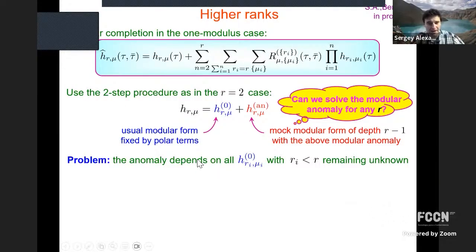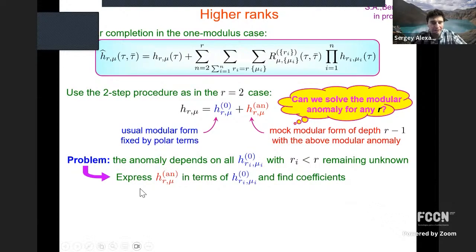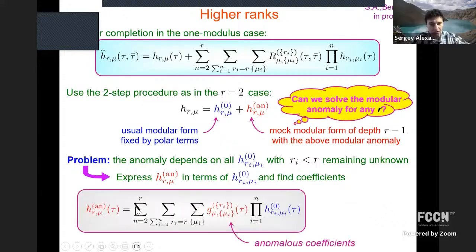The problem is that this equation depends on full generating functions for lower charges. And if you didn't fix them completely, namely you still have this unknown piece, these unknowns penetrate into your equation. So how can you solve an equation which involves unknown functions? Well, you don't solve it exactly, but you can still parameterize the solution in terms of these unknown functions. So our strategy is the following.